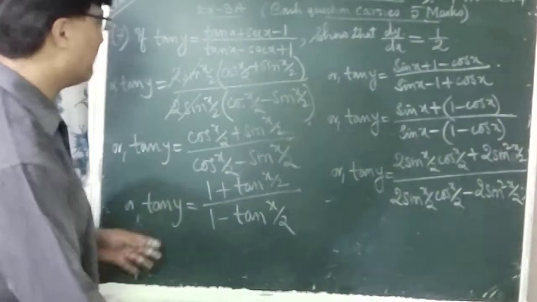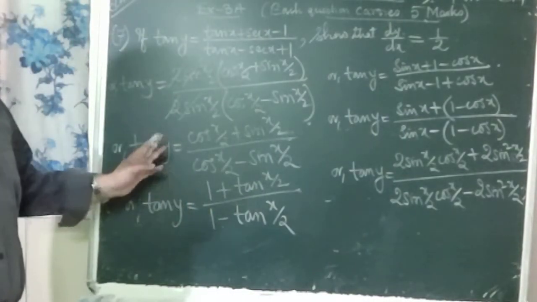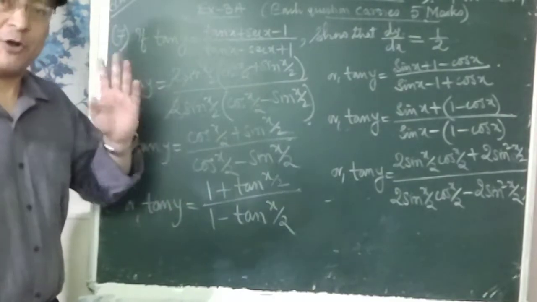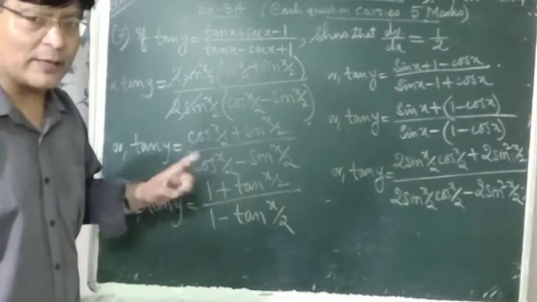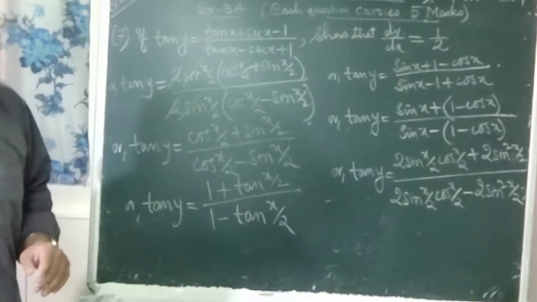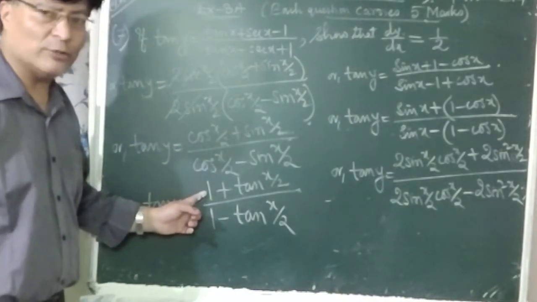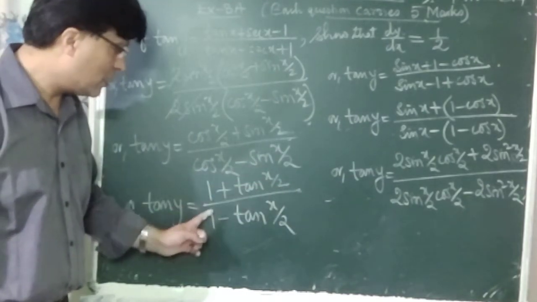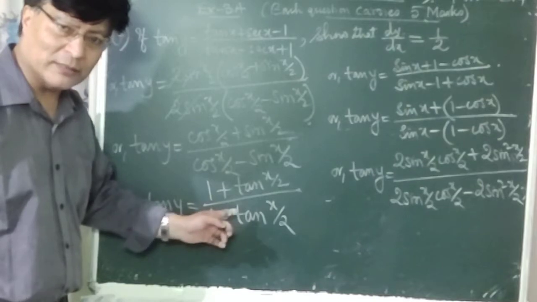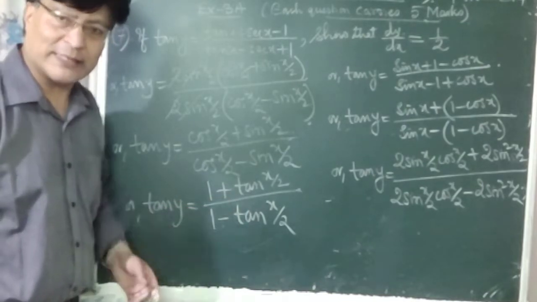Now, how will you simplify it further? You can convert it into the form of tan of a plus b compound angle. What is tan of a plus b? Tan a plus tan b divided by 1 minus tan a tan b. So instead of 1 in the numerator, you write tan pi by 4 plus tan x by 2 divided by 1 minus, there is 1 here. Instead of that 1, you can write tan pi by 4.